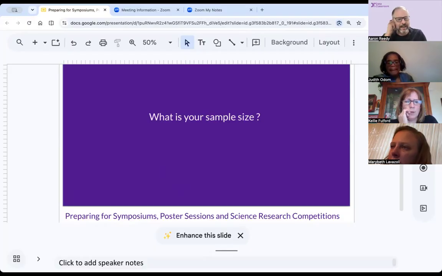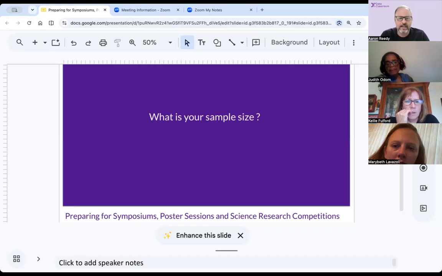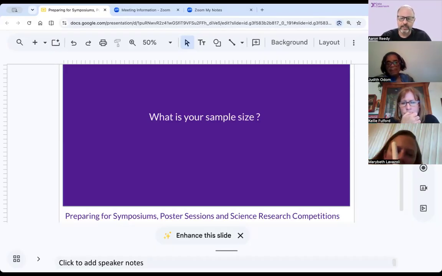Next, I would also want to know, what is your sample size? And to connect this to tidy data, this is often the same thing as how many rows are in your data set. But you really want to have a good understanding of what is your sample size. It's a very basic question about your research, and it's one that I think all judges are going to be a little bit curious about when they're looking at results.